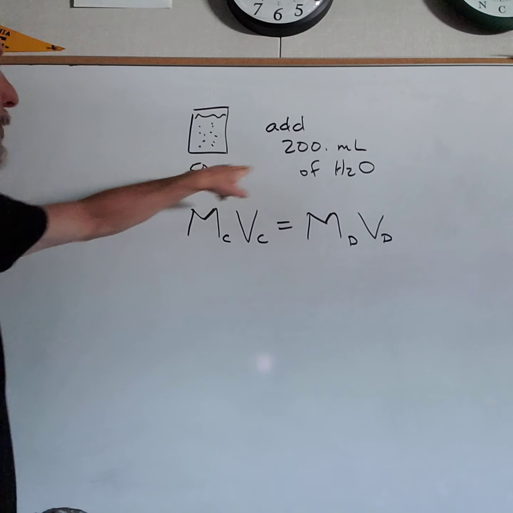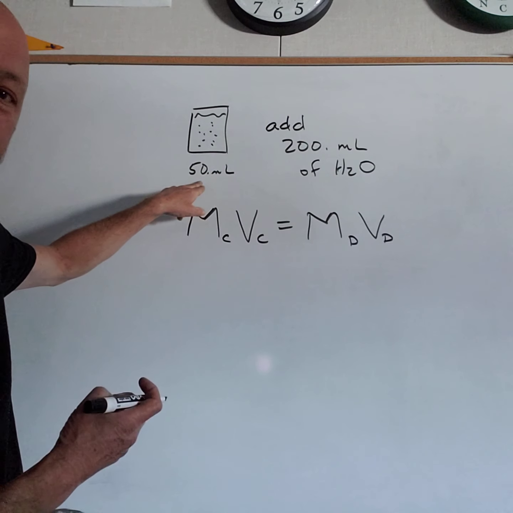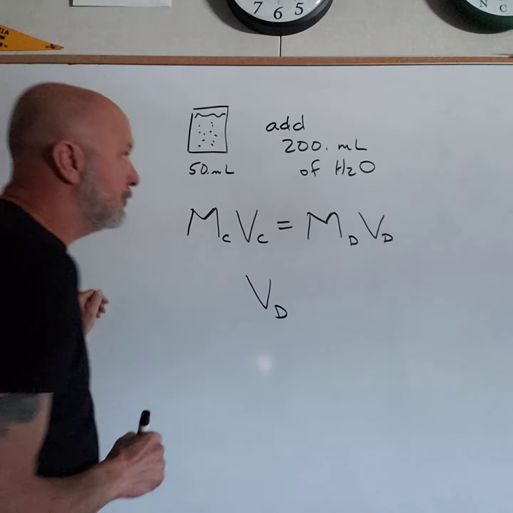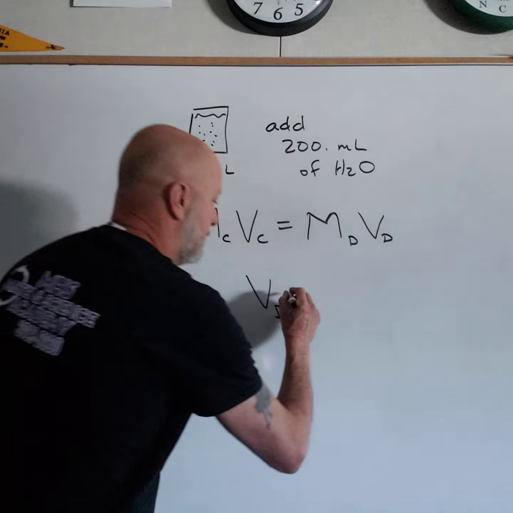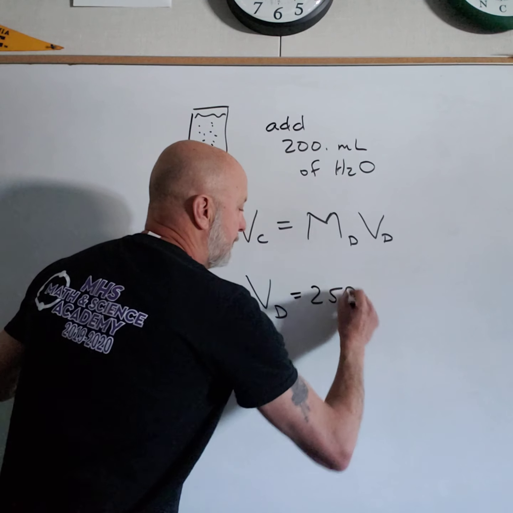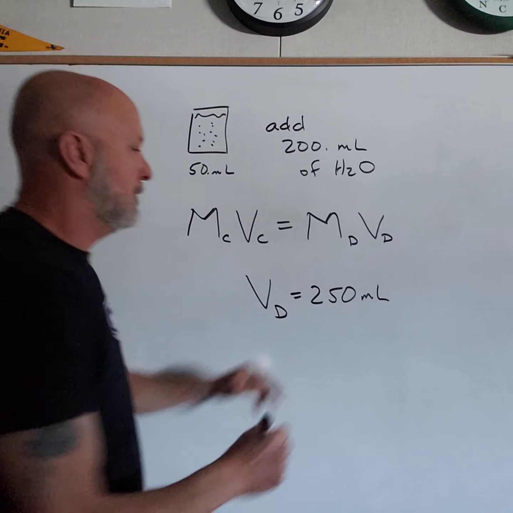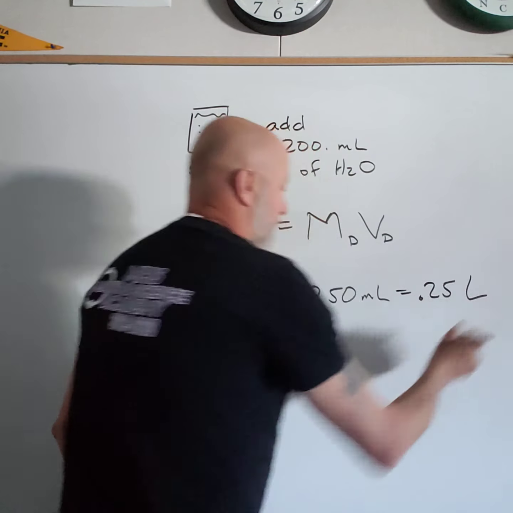Let's figure out what I got. After adding 200 milliliters of water to my 50 milliliters of concentrated salt water, the volume after dilution is 250 milliliters. Let's turn that into liters: 0.25 liters.